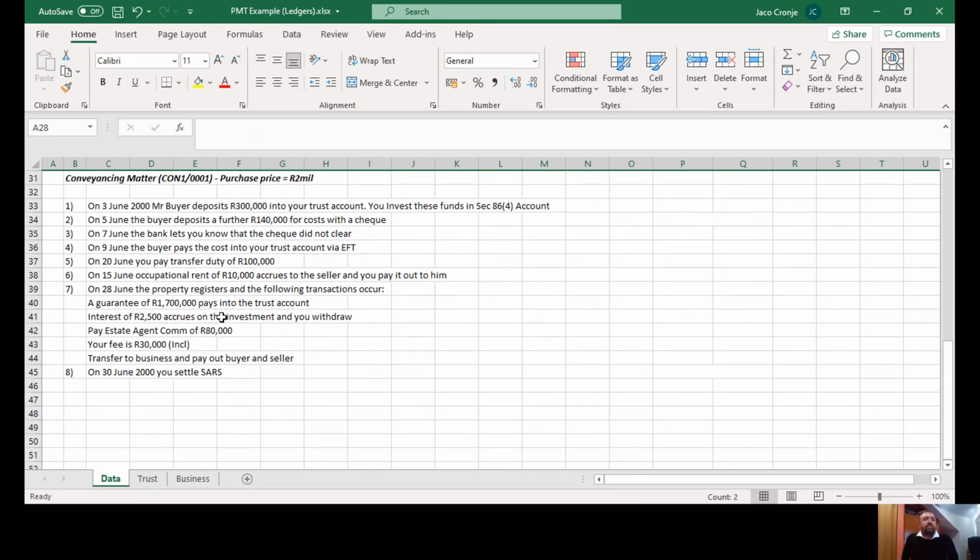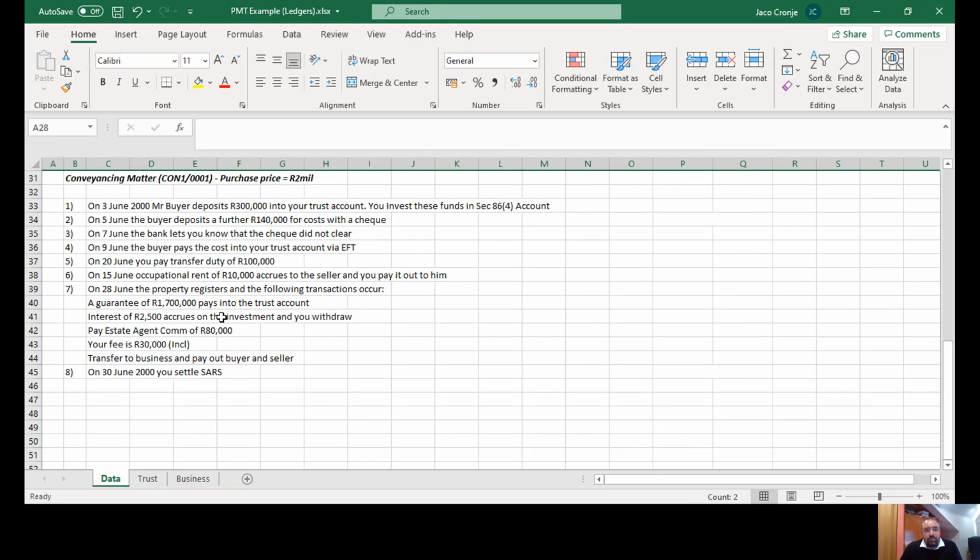Okay, now we get to the conveyancing matter, CON11, and our purchase price is 2 million rand. Okay, so this might look like a mouthful.